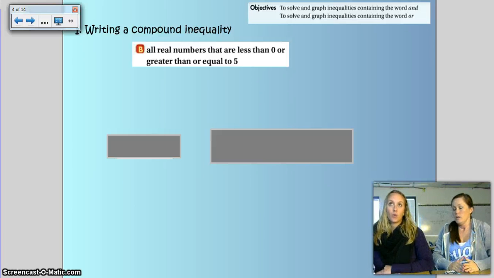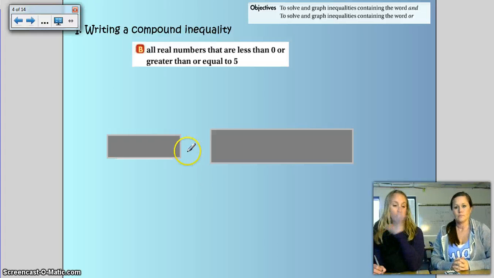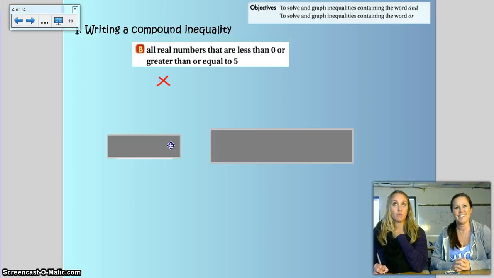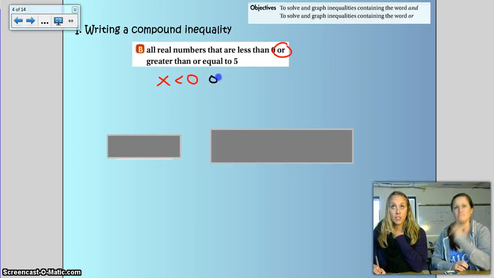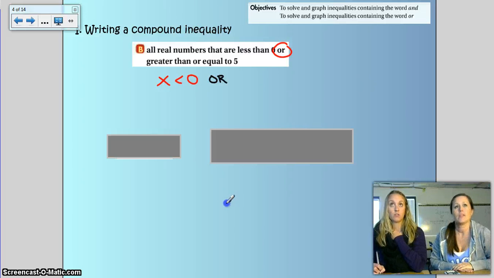Next one. All real numbers that are less than 0. So just stop there and start. All real numbers that are less than 0. Or. You physically write the word "or." And then x is greater than or equal to 5.